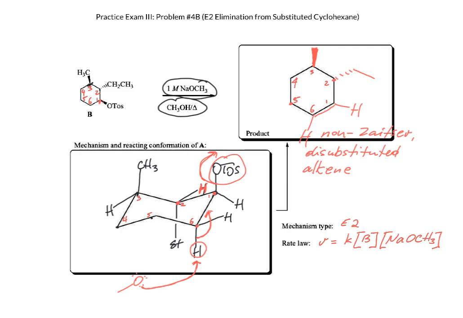The rate of the E2 elimination reaction depends on the concentration of the alkyl halide or alkyl tosylate in this case and the base. For example, if we have the concentration of the alkyl halide but double the concentration of the base, the reaction rate would not be affected.